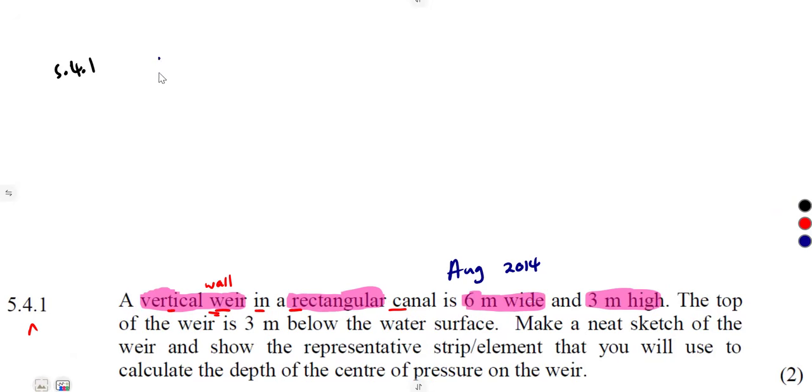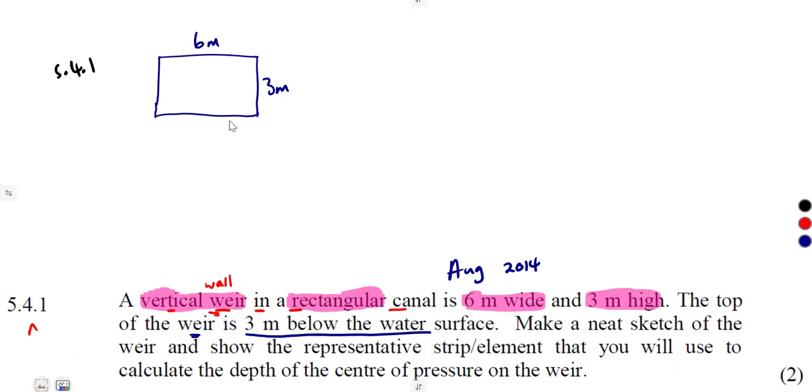So we are not given information about a canal, but about what we placed in a canal. It is 6 meters wide, 3 meters high. The top of the weir, which is our wall, is 3 meters below the water surface.